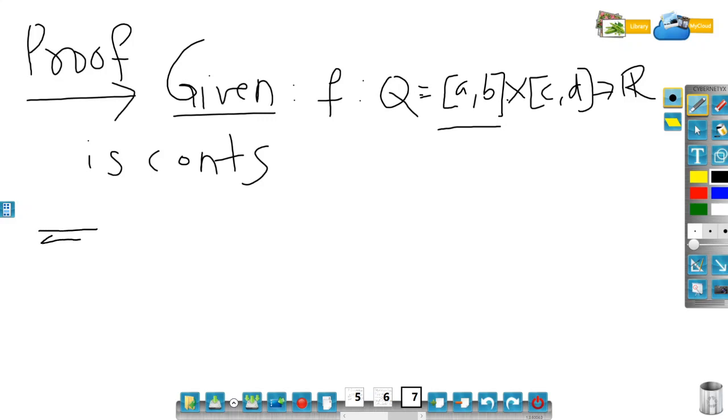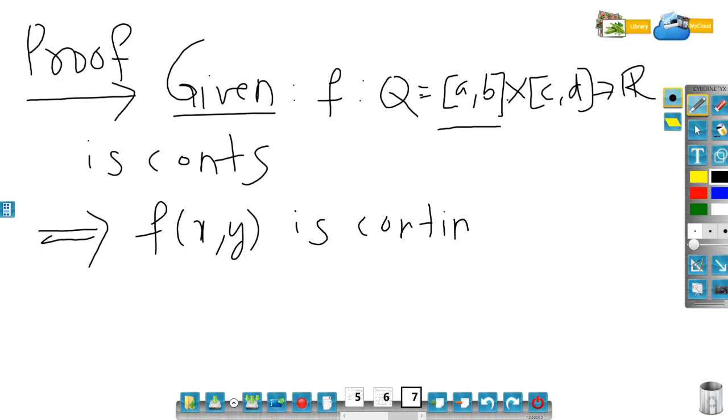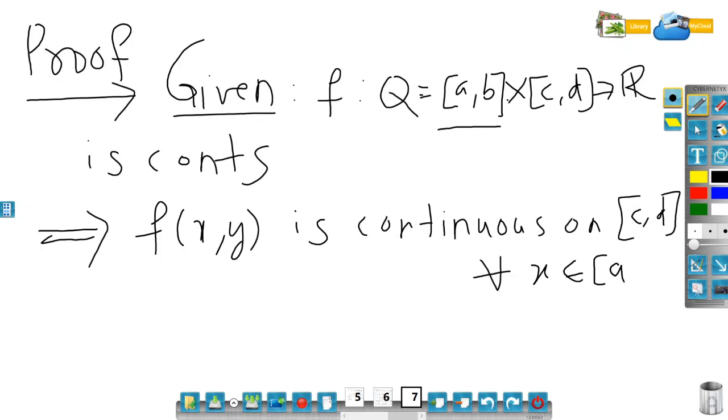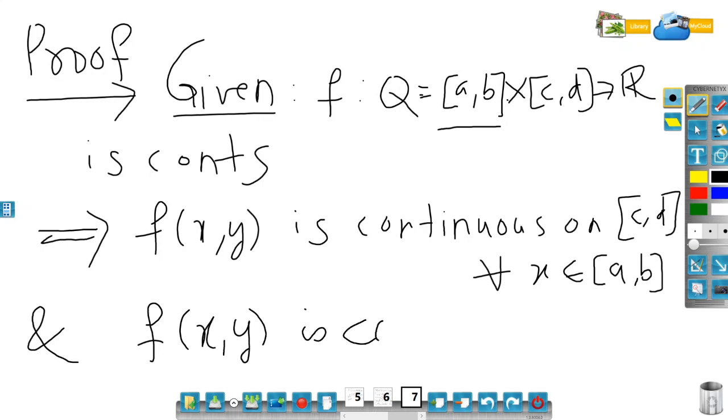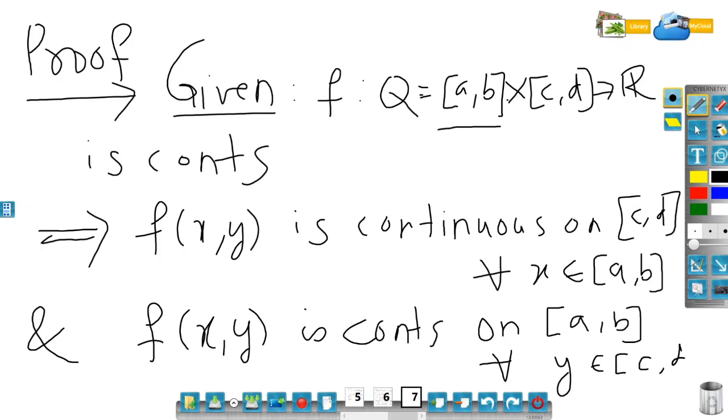So let me write down that. This would imply f(x, y) is continuous on the closed interval [c, d] if I fix x, that means for every x belongs to [a, b], and f(x, y) is continuous on [a, b] for every y belongs to [c, d], right?